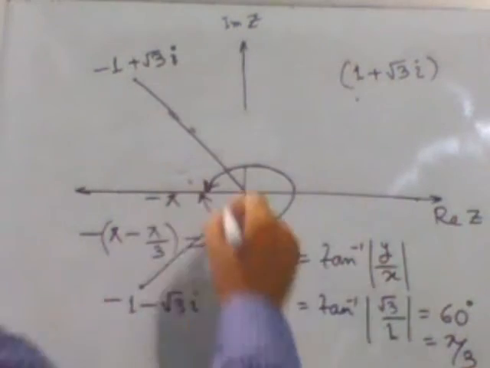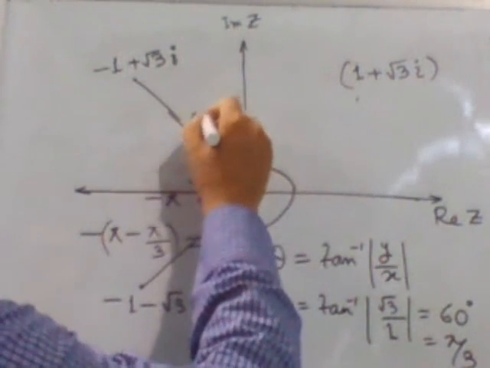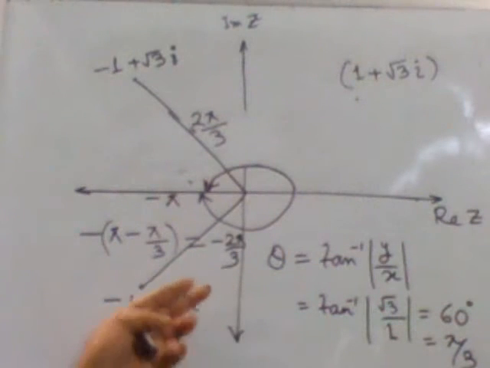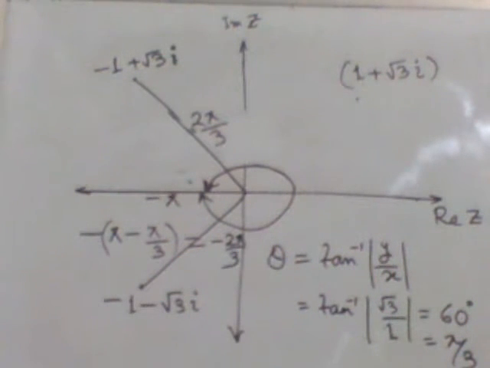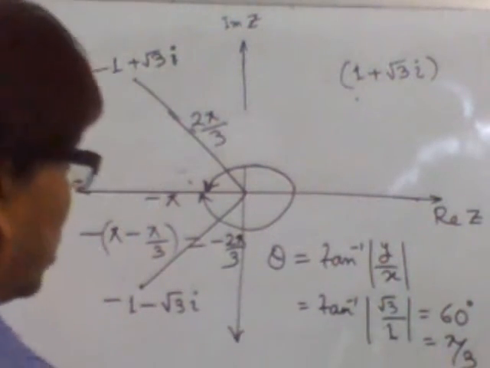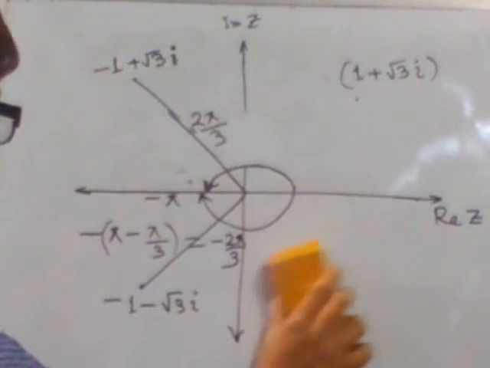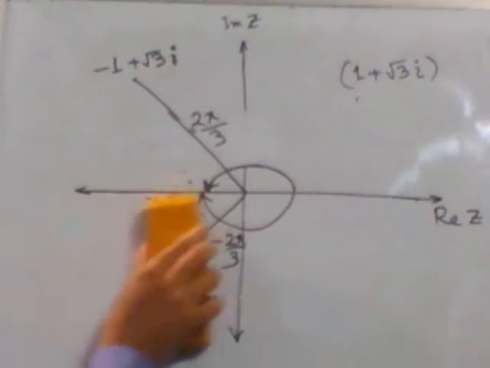When it was in the second quadrant, the value of the argument was 2 pi by 3. When it is in the third quadrant, the value is minus 2 pi by 3. Now in the final case, suppose the point is here, in the fourth quadrant.